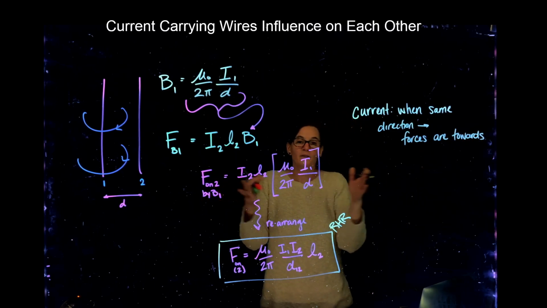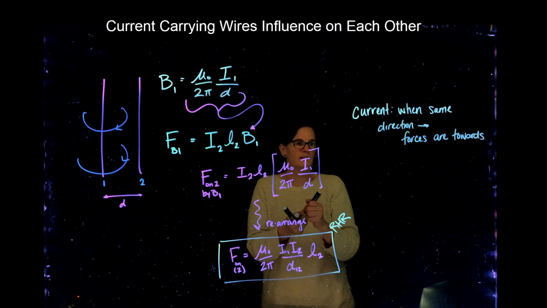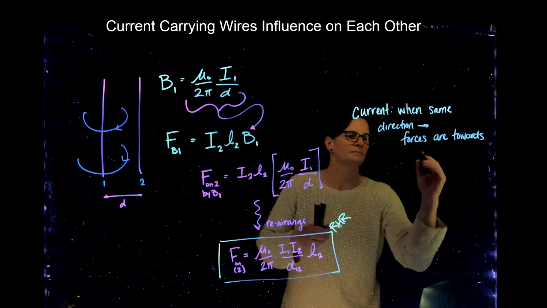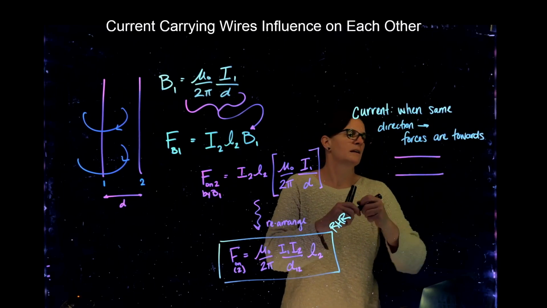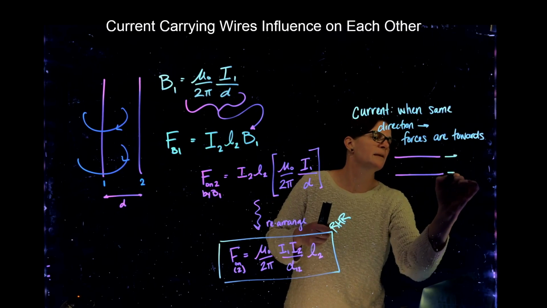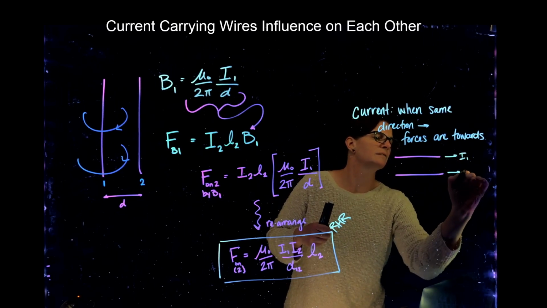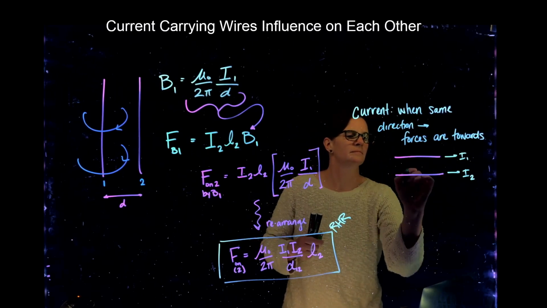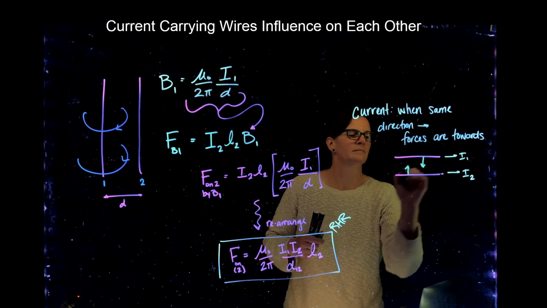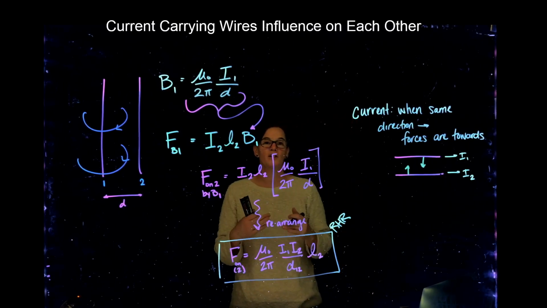So the wires are attracted towards each other. So if I have my two wires, and the currents are both in the same direction, the forces are towards each other.